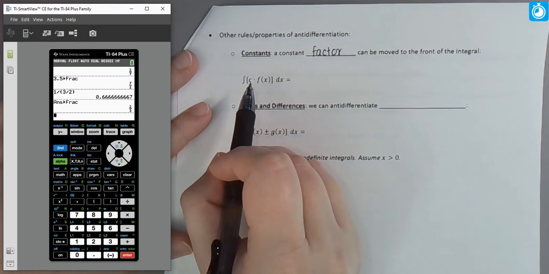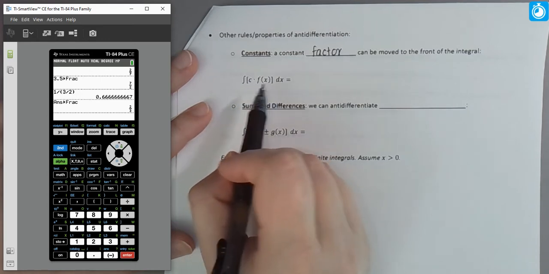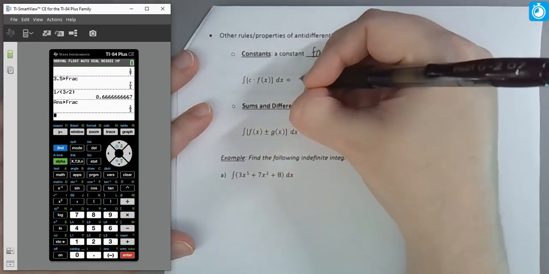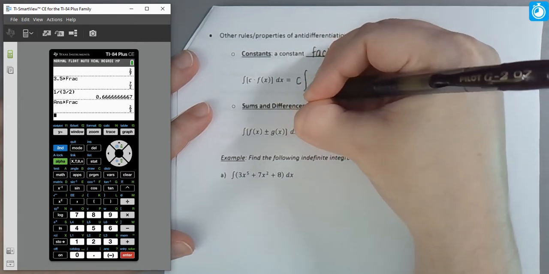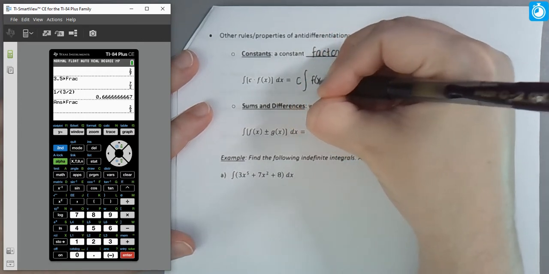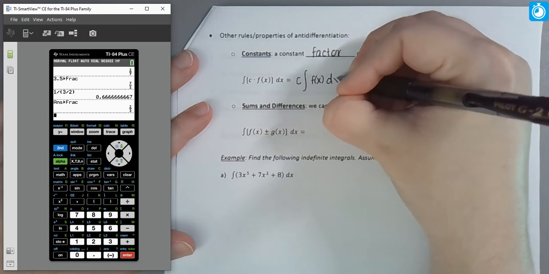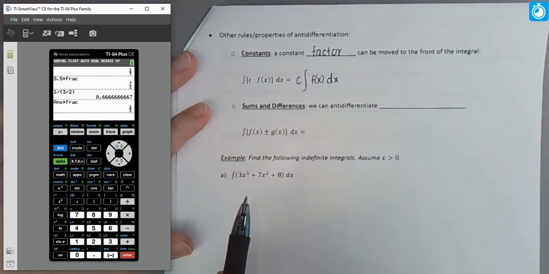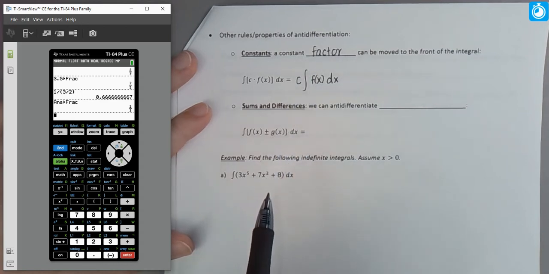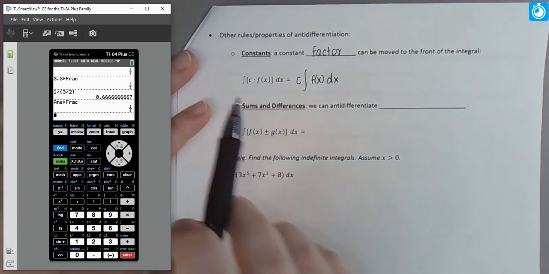If we have a coefficient multiplied by our function, we can also just take the antiderivative of the function and then multiply the result by that constant. So think of it as essentially factoring out that constant in front of our integral. In other words, the constant does not affect the value we get when we take that integral.